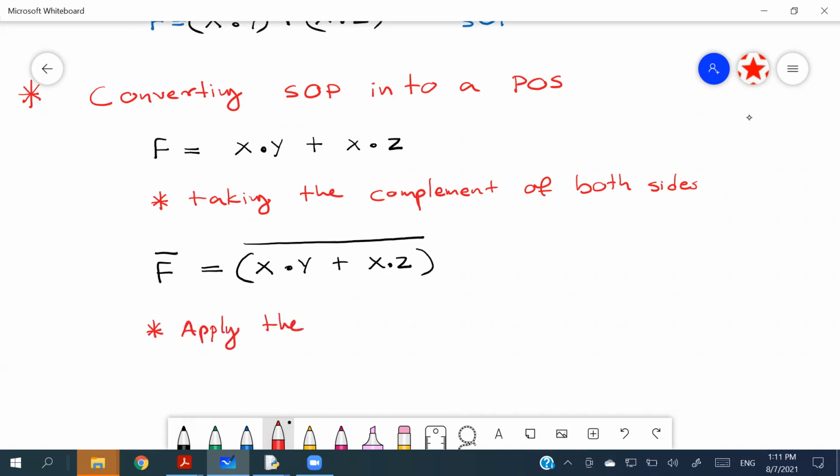Apply the De Morgan and simplify. Now this is the important part.